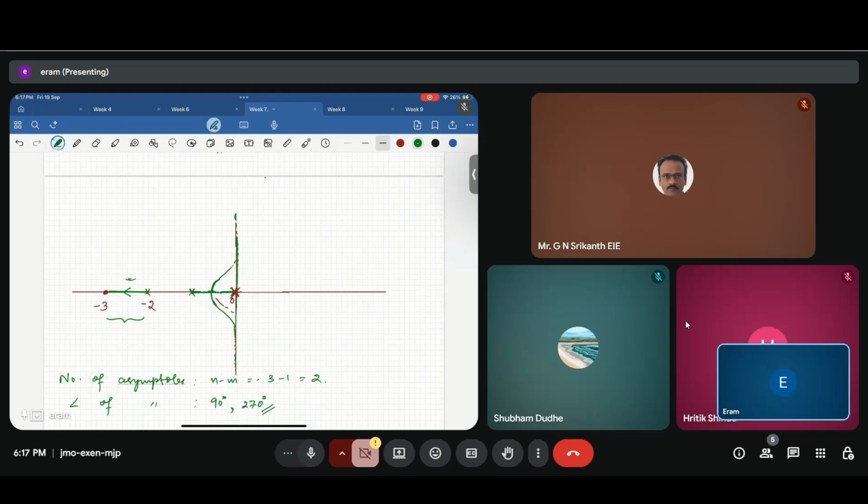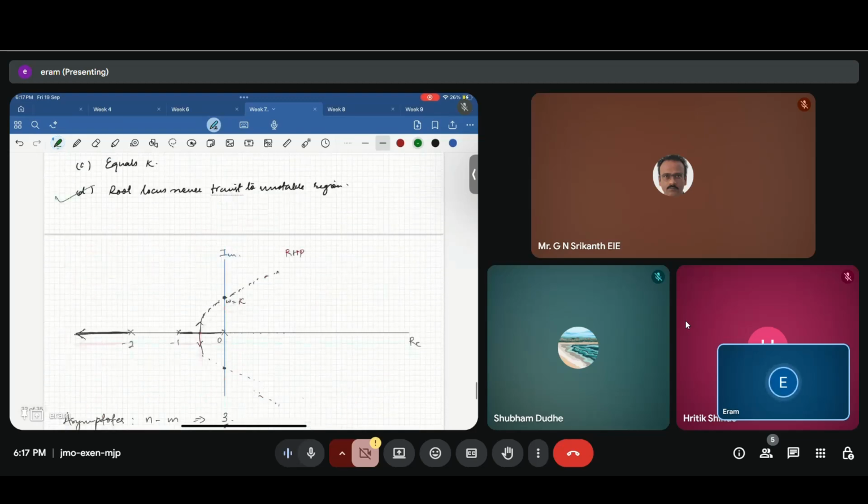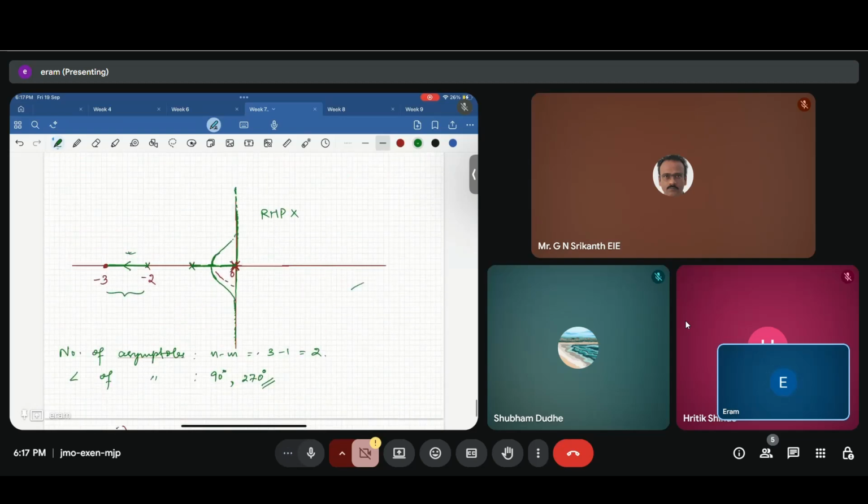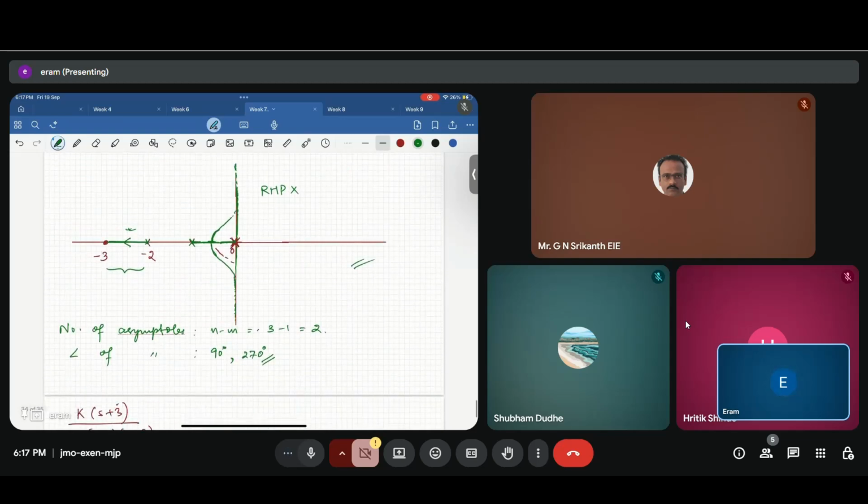Okay, so the root locus will never go to RHP, right? So the answer was correct, but this thing we also have to care.